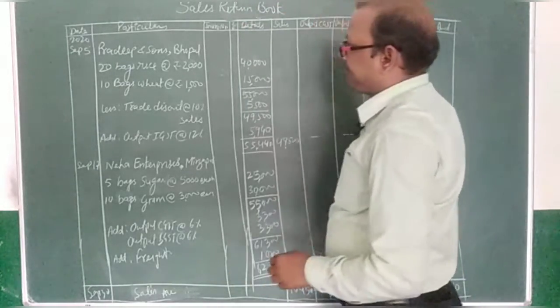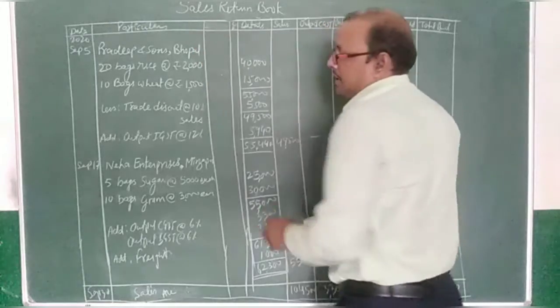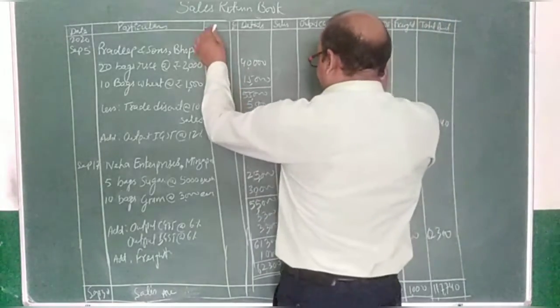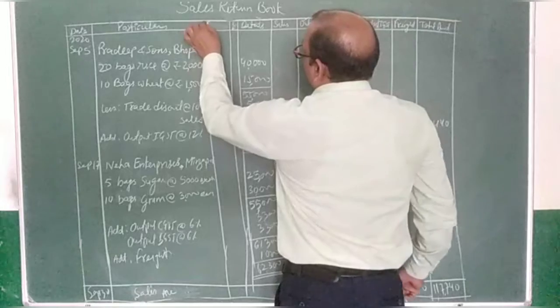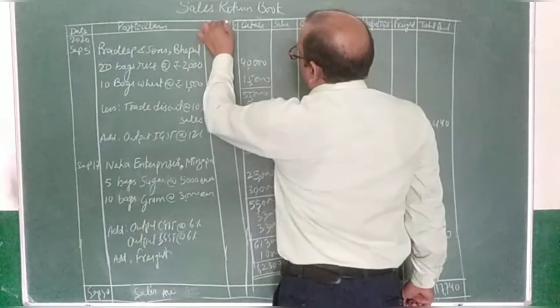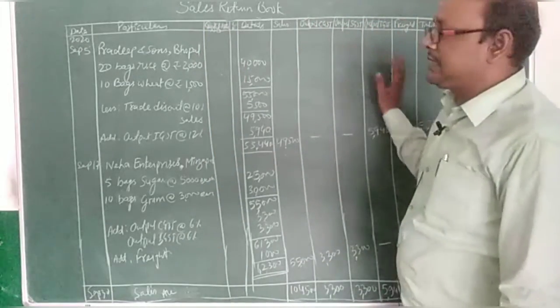See the changes. In place of invoice number, it will be credit note. Here credit note number, and all the other things will be the same.